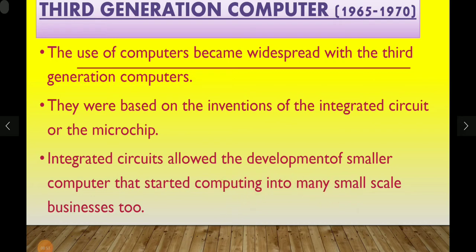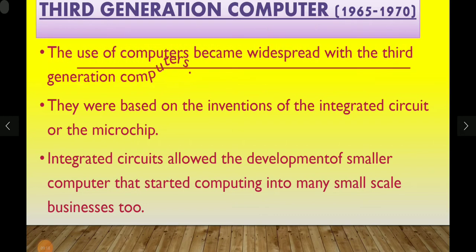We already know why we use computers: for work efficiency and because they are faster. So in business they started using computers from the third generation.